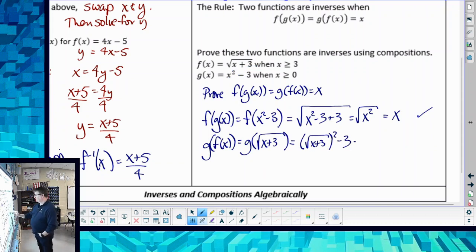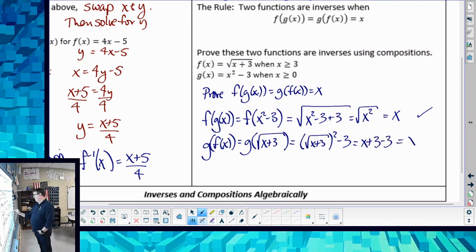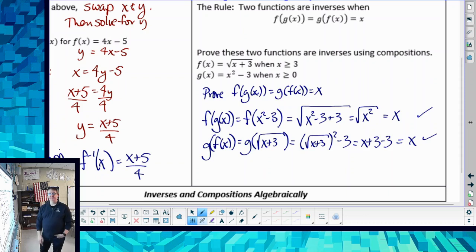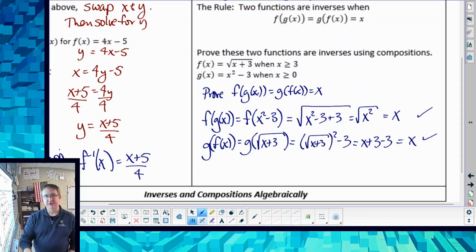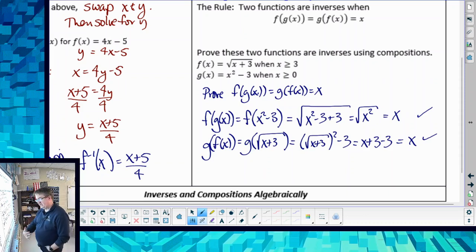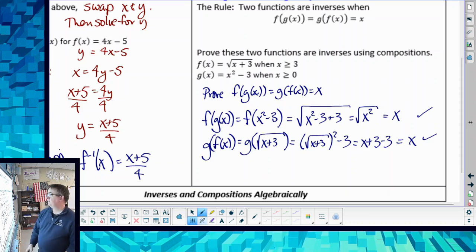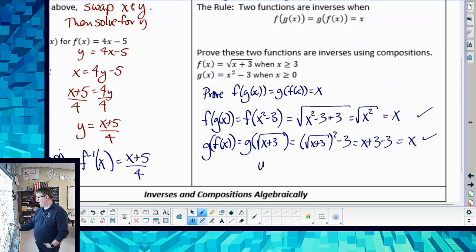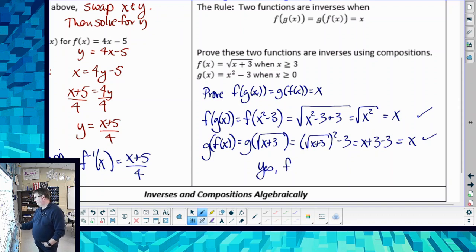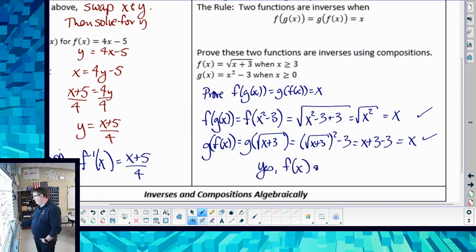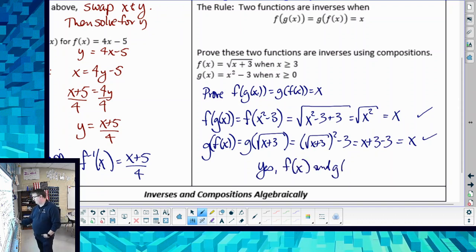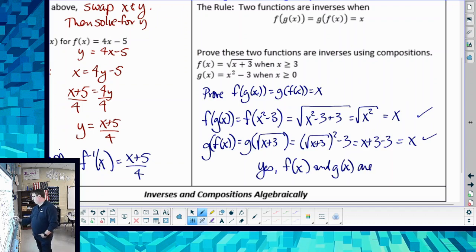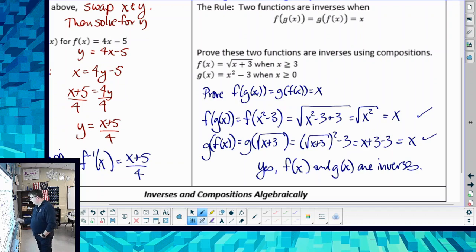The square root squared is just the interior. Check. And then, especially if you're going into the AP pre-calc stuff, I would say just get used to writing stuff out because you want to be clear about what you're saying. And you're going to say yes, f of x and g of x are inverses.